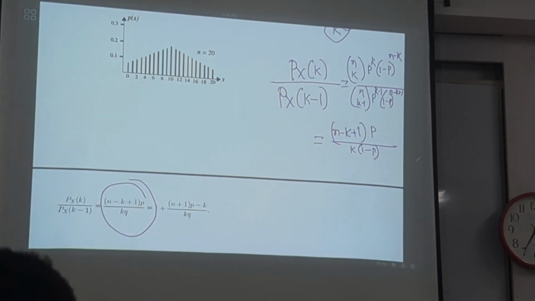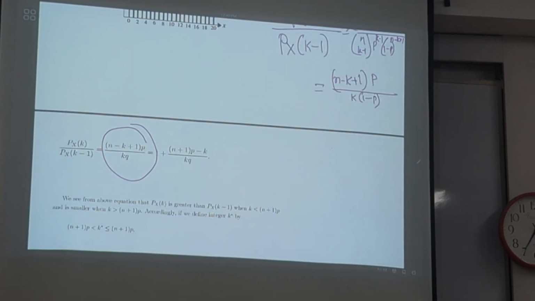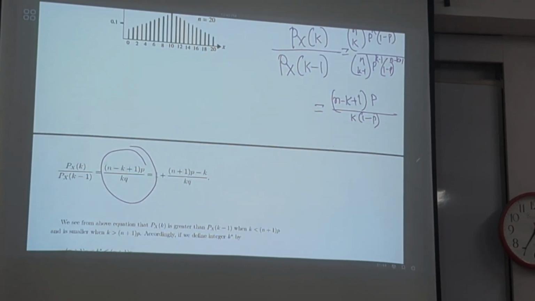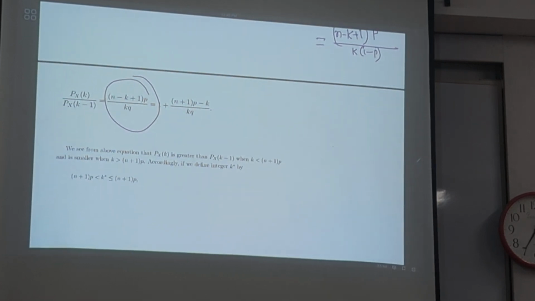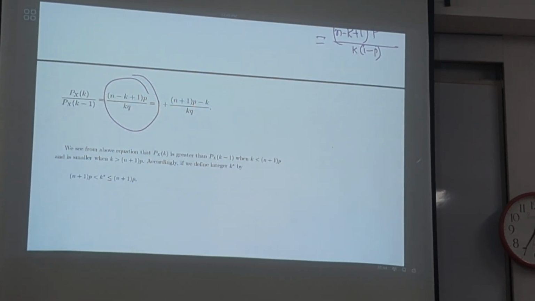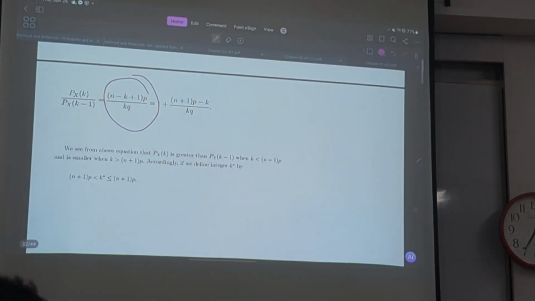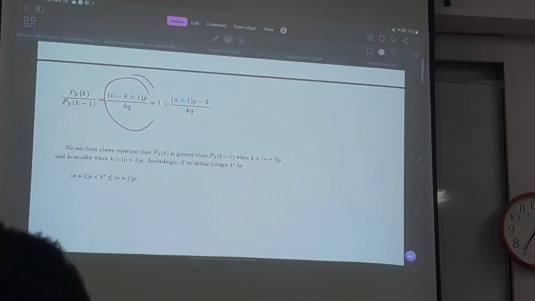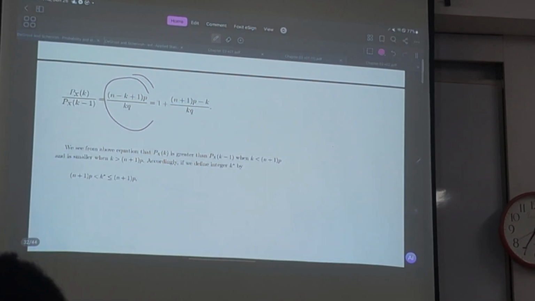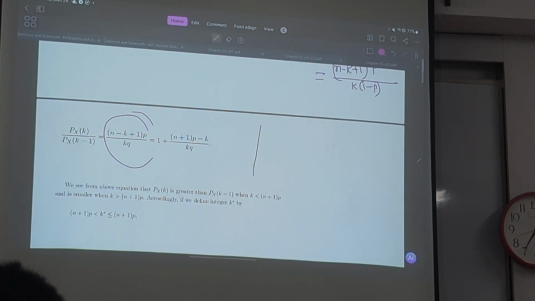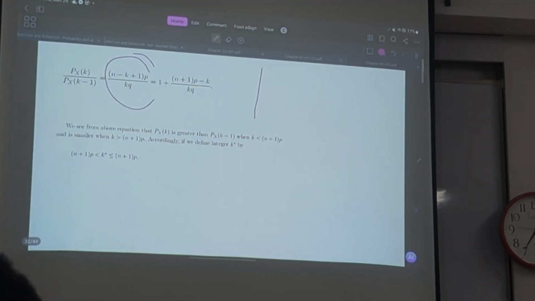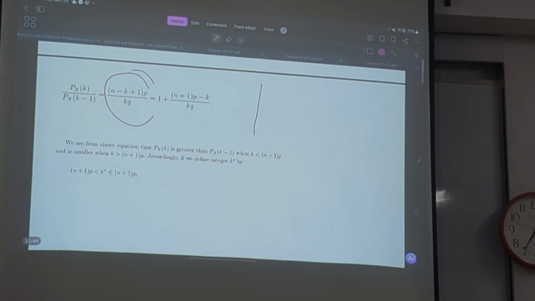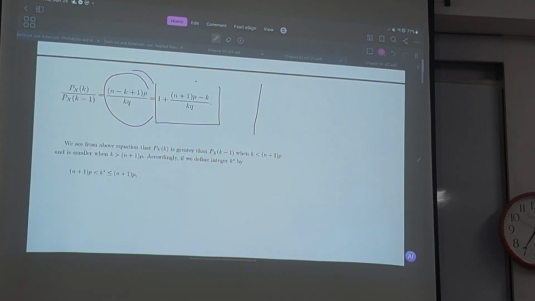And then you can see that this ratio, if you focus here, actually results in this one.